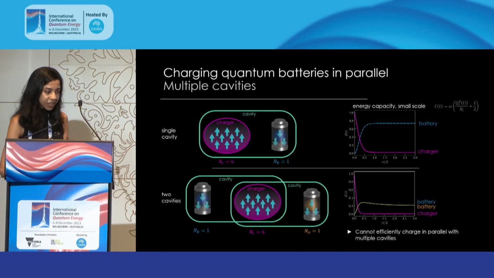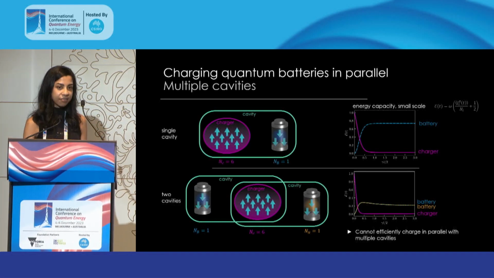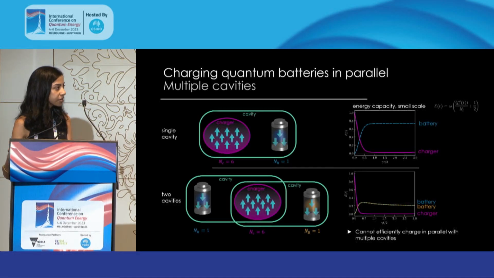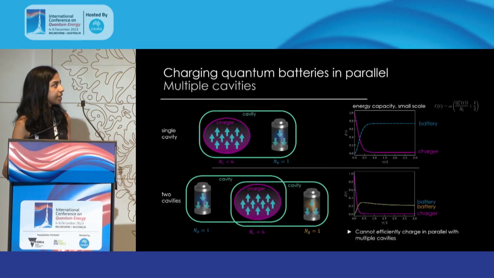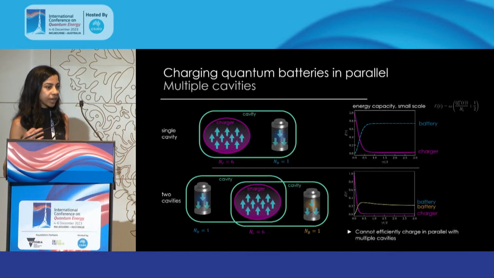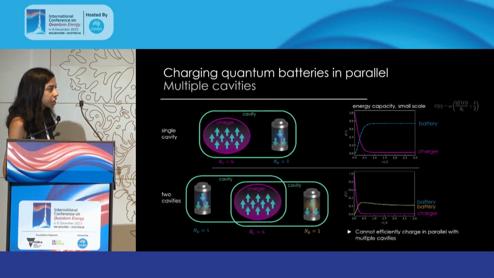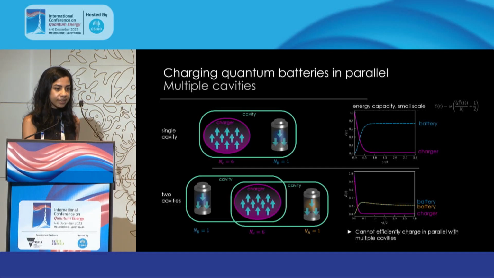So just by introducing another cavity into the system, we have this other decay channel, and we've significantly reduced the efficiency. We can't really even transfer as much energy.